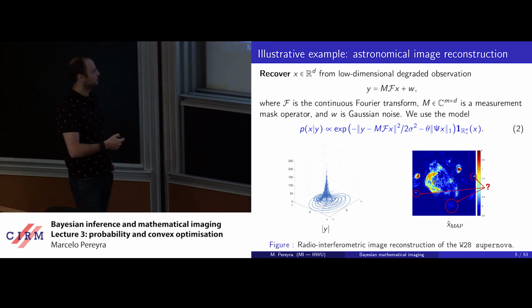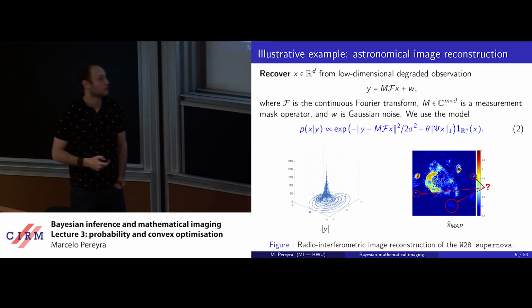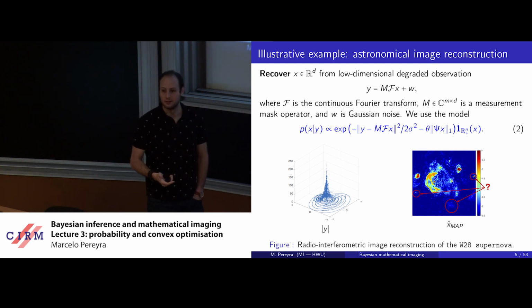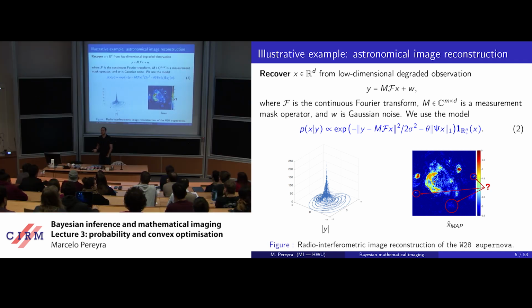We see this because this Fourier plane is full of white regions where I don't have measurements. We also said that I can't design what measurements I will acquire because they arise from the position of the stars in the sky, how the Earth moves, and where my radio antennas are. So this is not something where I can say, well, I'll do uniform sampling, or you have what you have.